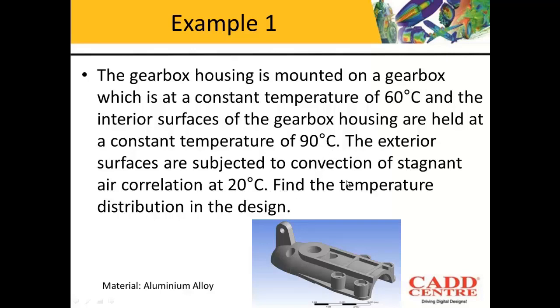And we also have some convections. So what is going to happen is, this object that you see on your screen is going to be subjected to some temperature loads, and while that is happening, it is also giving away heat to the ambient temperature. The convection on the outside surfaces of the gearbox housing is a convection of stagnant air.